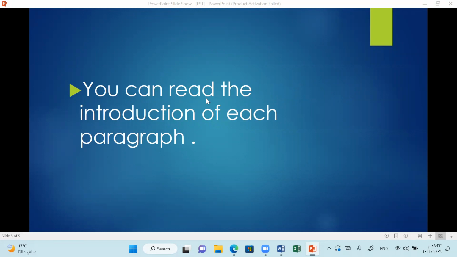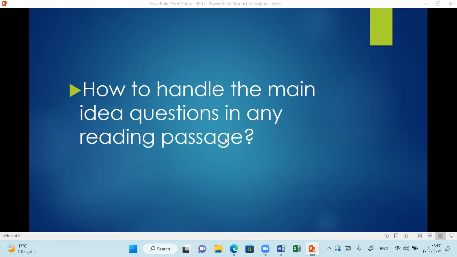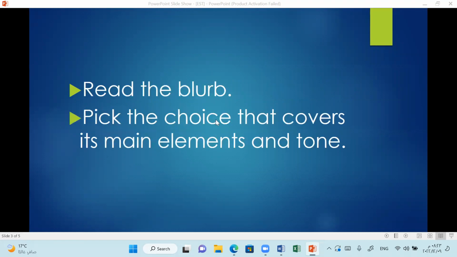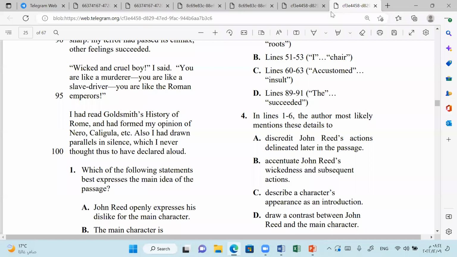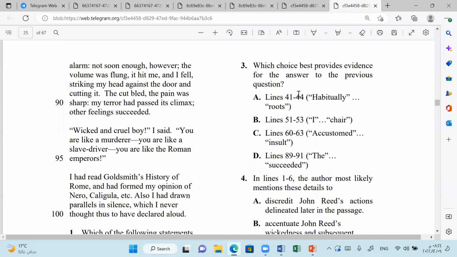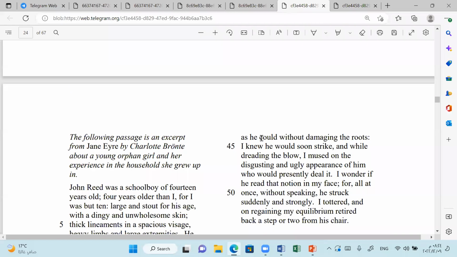Okay, let's apply. So I told you that you need to read the blurb and identify its main elements to be able to get to the right answer for the whole main idea questions in the test. Okay, let me show you how. Here, for example, this test is from October 2020.